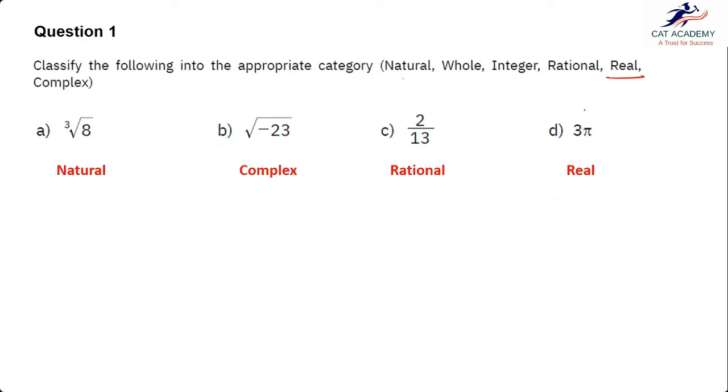Okay? 22 by 7 is approximation, yes. China, pi is irrational. By definition, pi is irrational because the value of pi is 3.14159 and dot dot dot. It doesn't end, neither does it recur. It goes on up to infinite digits without repeating the pattern. So that's why pi is irrational. And when 3 is multiplied by pi, that also is irrational. And rational plus irrational put together is real. So 3 pi we will call real.